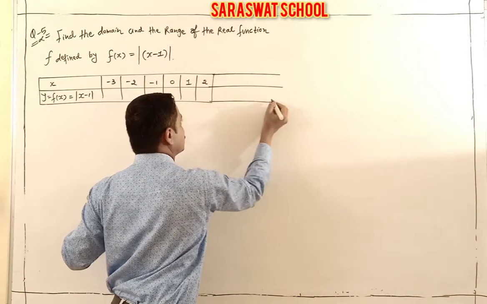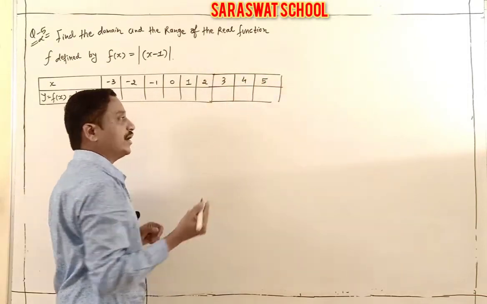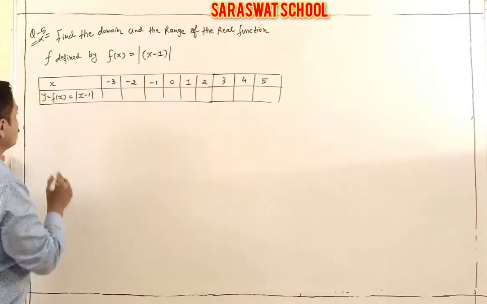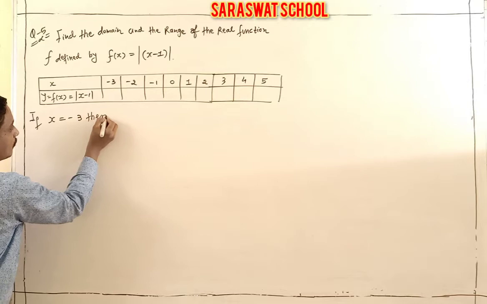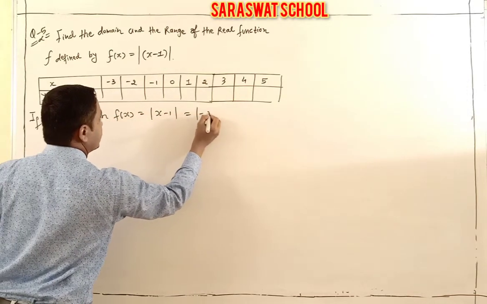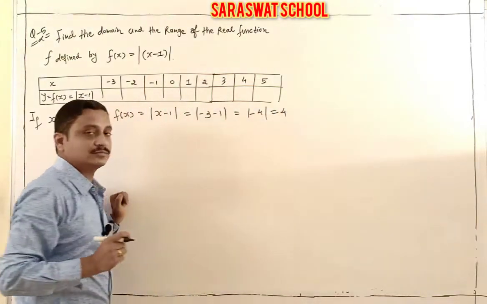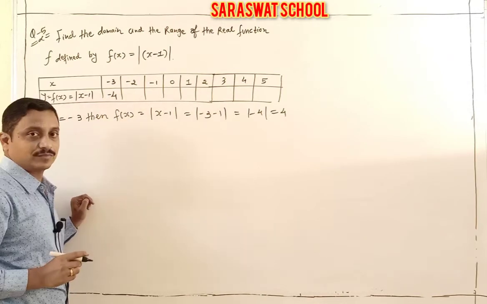Further I also take extra 3, 4, 5. You can take any values as you like. Now putting the value: if x is minus 3, then what is f(x)? It is minus 3 minus 1, surely minus 4. The answer is 4. Yes, here putting the answer 4.